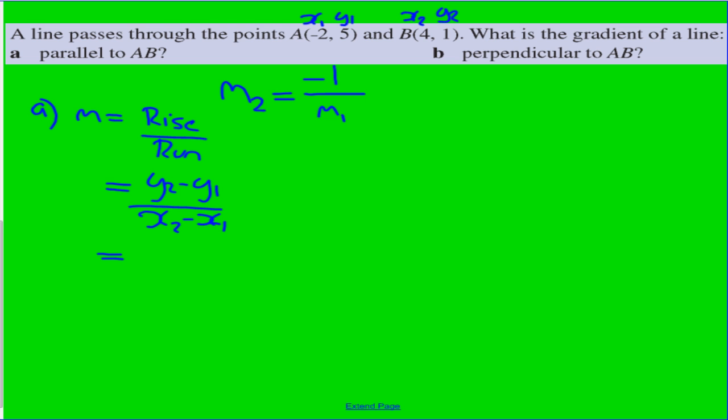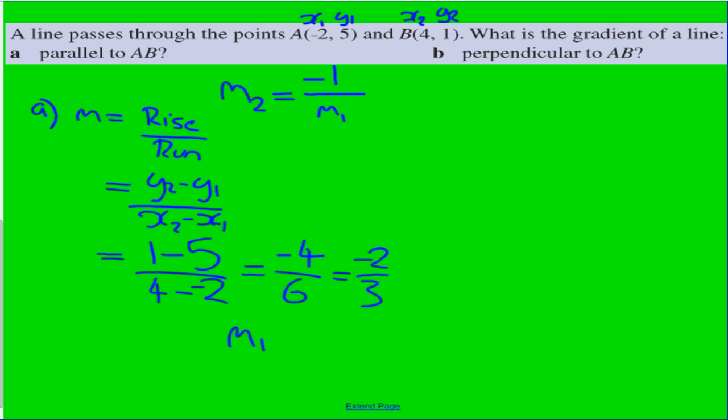So y2 take y1 is the same as 1 minus 5, and x2 being 4 minus a -2. So filling that all out, 1 minus 5 is -4, and 4 plus 2 gives you 6. So overall, simplifying that fraction, we have -2/3. So that can be our M1.